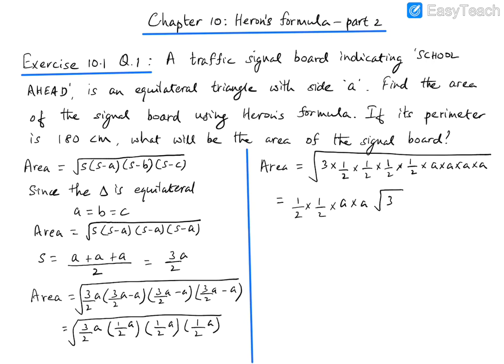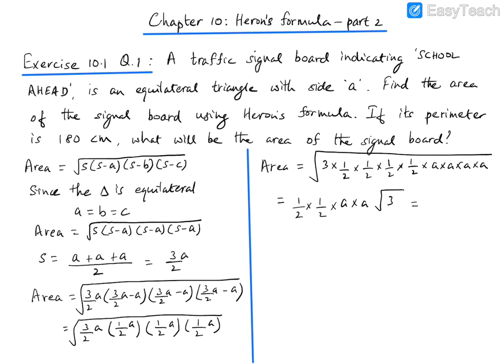So we'll get the expression as 1 by 2 into 1 by 2 is nothing but 1 by 4. A into a is a square. So 1 by 4 into a square is a square by 4 into root 3. So we have basically obtained an expression for the area of an equilateral triangle given its side length.